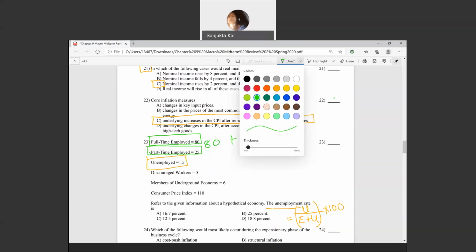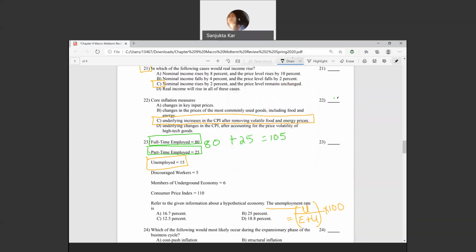Now I'm going to write down the formula for the unemployment rate, so basically plug in the numbers here. Unemployment rate is number of people unemployed over 105 plus 15.